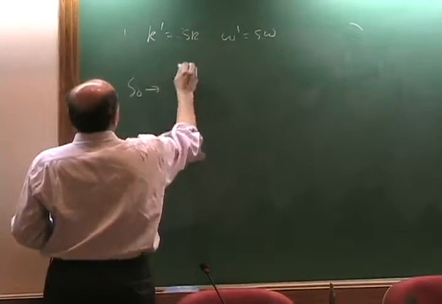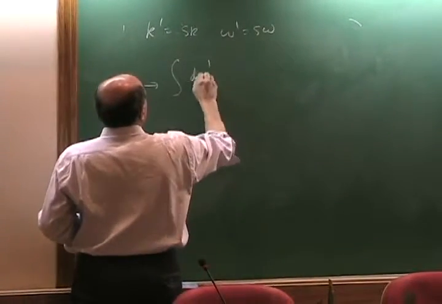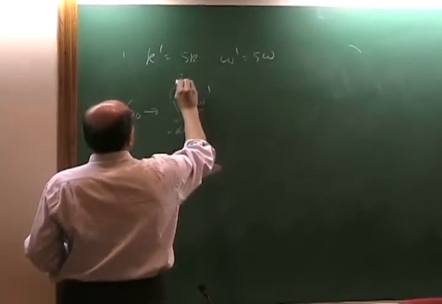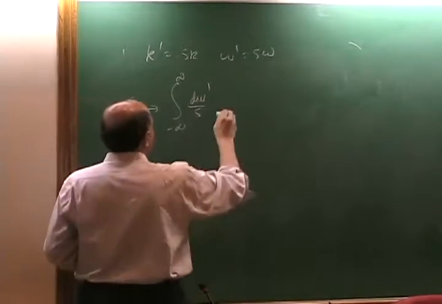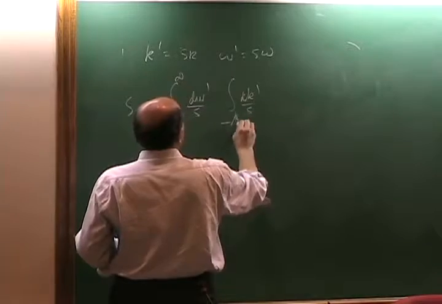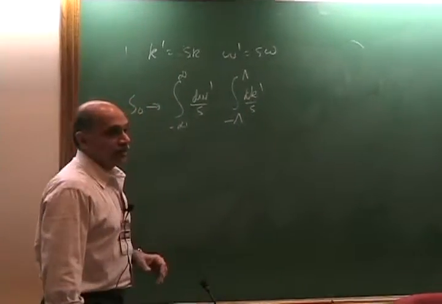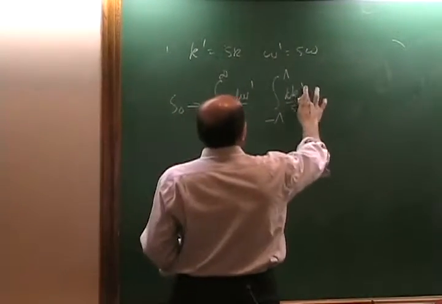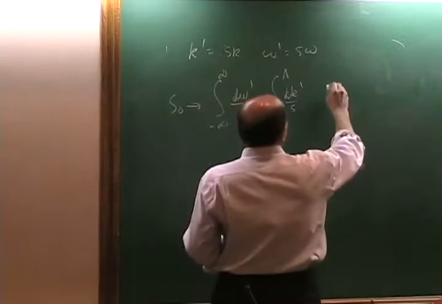Then the action becomes d omega prime over s. The limit of omega is still minus to plus infinity. dk prime over s, which is now exactly the way I like it. But there are all these 1 over s's. I'm aware of that.